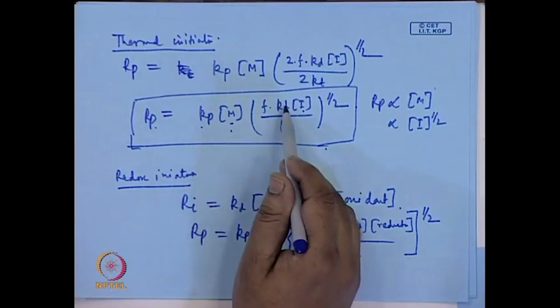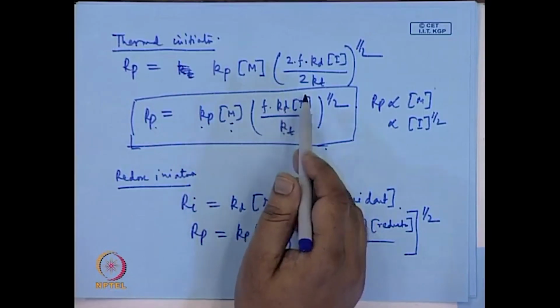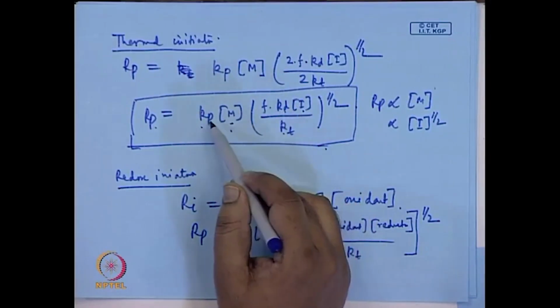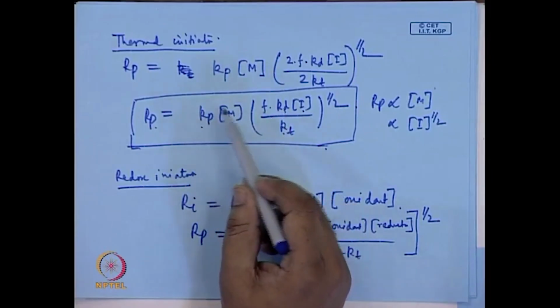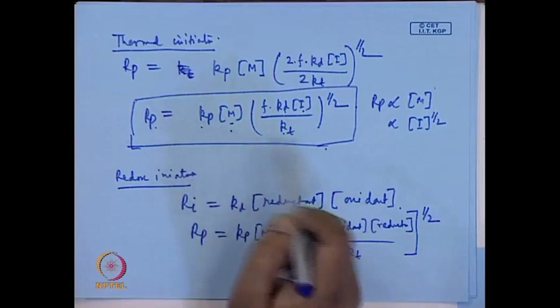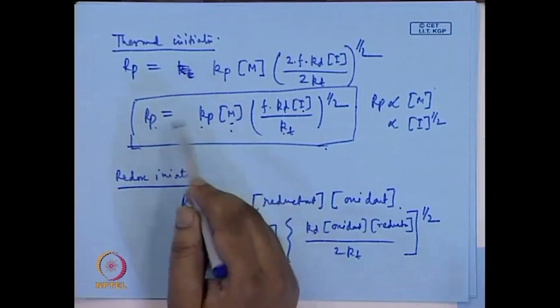And it will depend upon the temperature. If you increase the temperature, then depending on how it is affecting the values of Kd, Kt and Kp, the rate will vary. Now, we will come to the effect of temperature on the rate of polymerization in a later lecture.